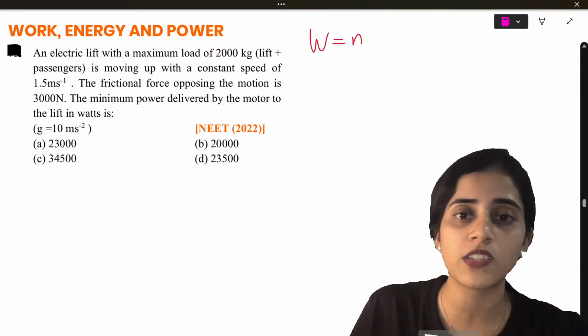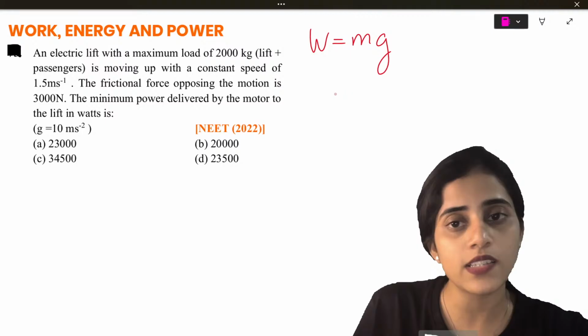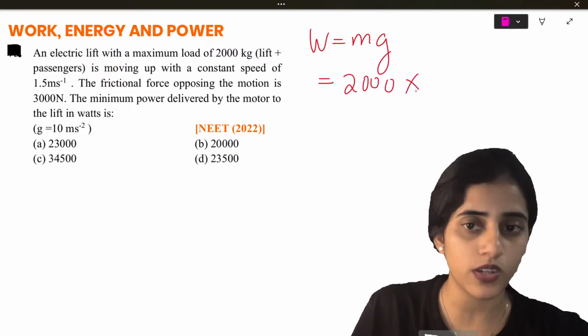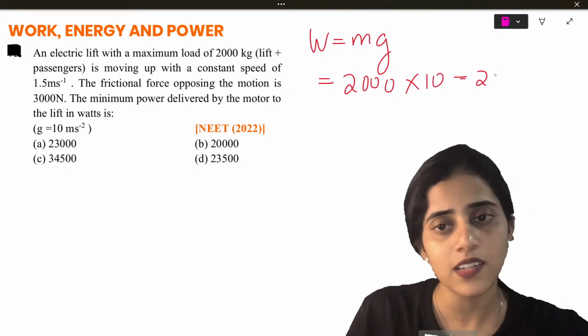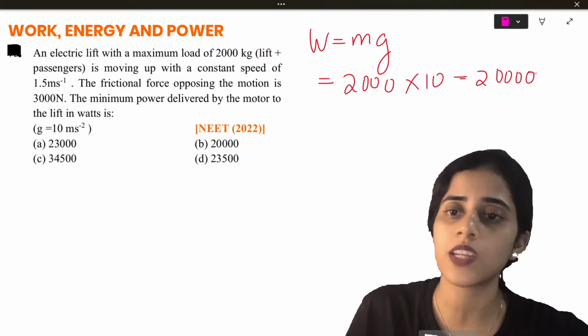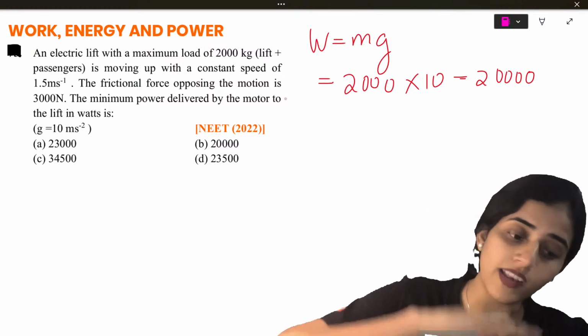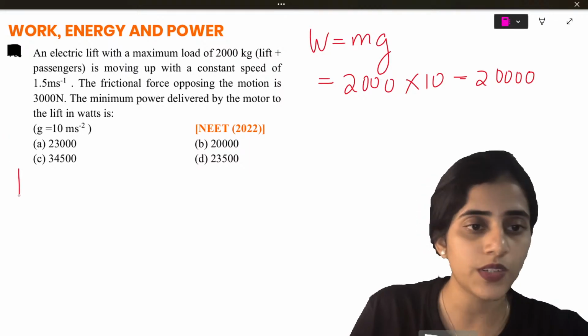What is the weight of the lift? Weight is mass into gravity. What is the mass? 2000 kilograms into gravity is 10. So 2, 1, 2, 3, 4. This is the weight. Now let's find out the total force required to lift the load.